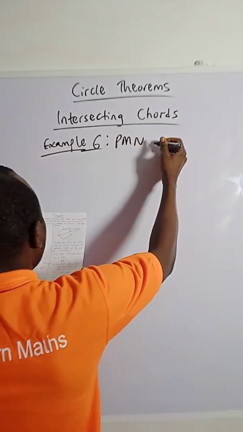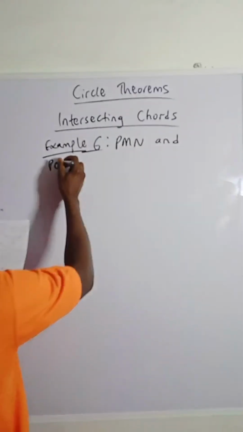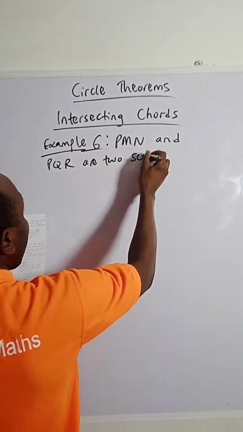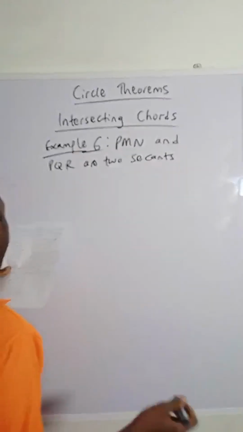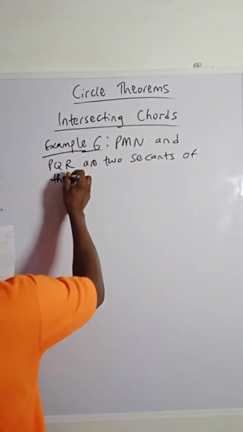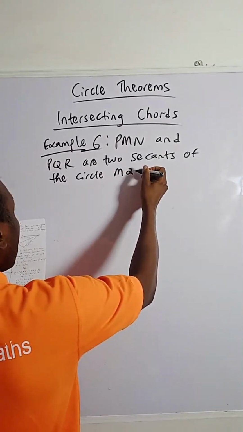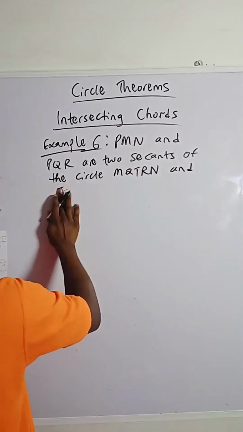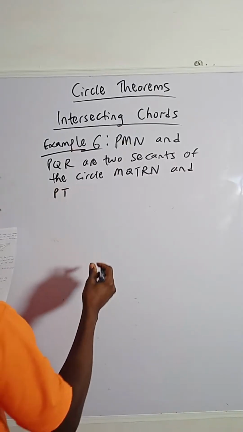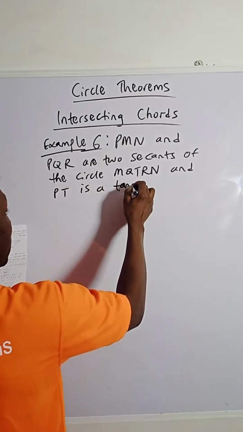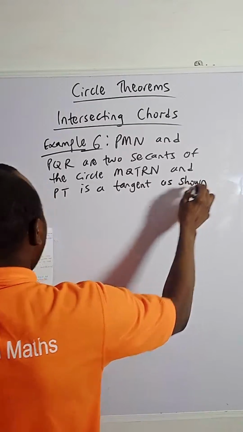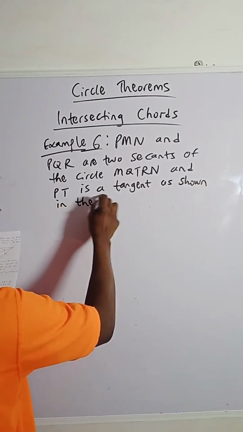PMN and PQR are two secants of the circle MQTRN, and PT is a tangent as shown in the diagram below.